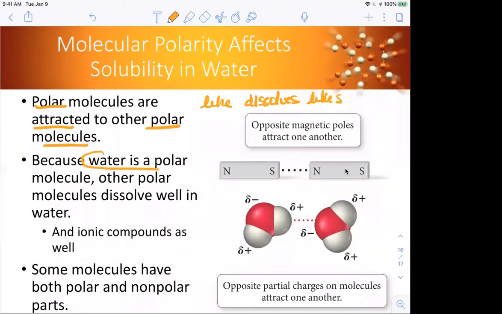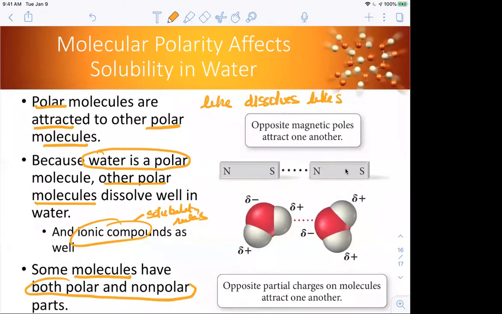We know that water is polar, we've talked about this. So other polar substances will dissolve in water, also ionic compounds, but you have to remember you have solubility rules. Just because it's ionic doesn't mean it's automatically soluble, because actually going into solution is much more complicated, but we don't have to worry about that. Also remember that some molecules have both polar and nonpolar parts, and this you have to look at case by case.